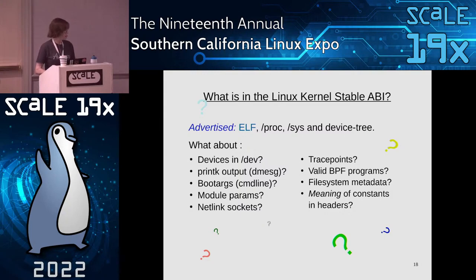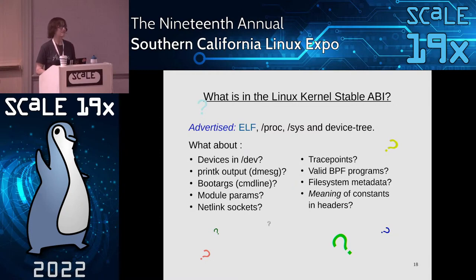And so the question is, which of these other things that the kernel exposes to user space are part of the stable ABI? Not everyone agrees. This is the fine print on pages 4 and 5 in 8-point font that are in the kernel ABI guarantee.